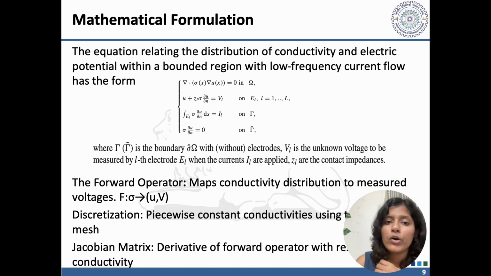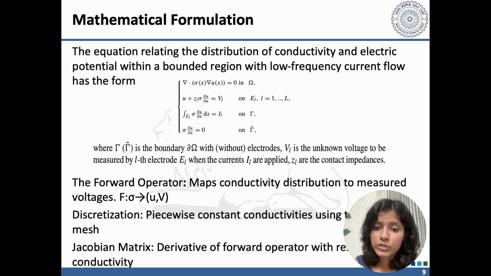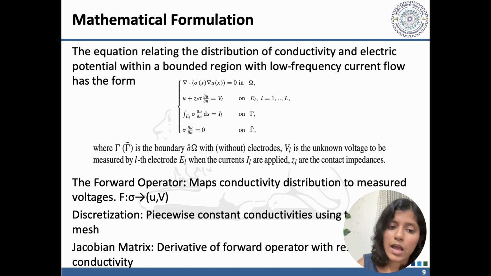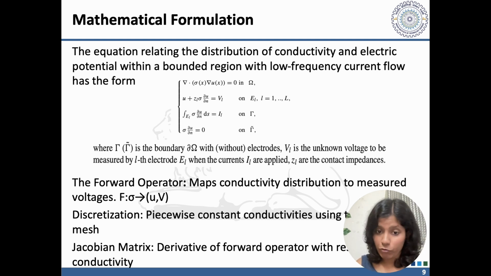Now, moving on to the mathematical formulation of the forward problem. The equation relating to the distribution of conductivity and potential within a bounded region with low frequency current flow has the given form, and basically these are the Dirichlet and Neumann boundary conditions.